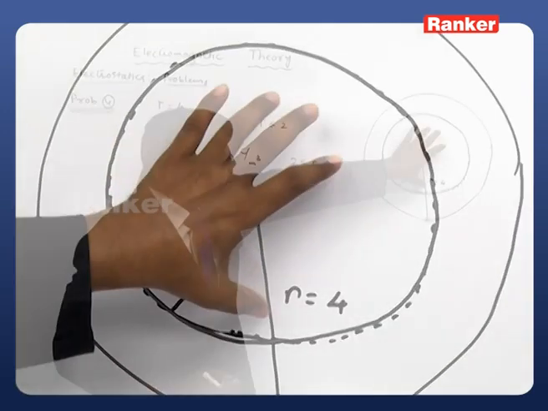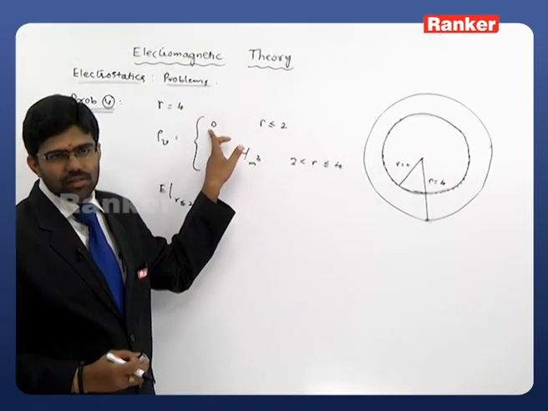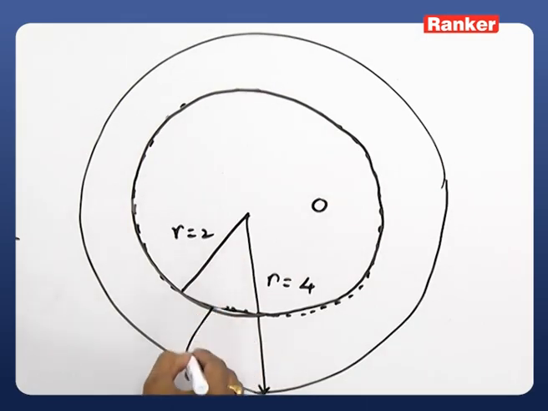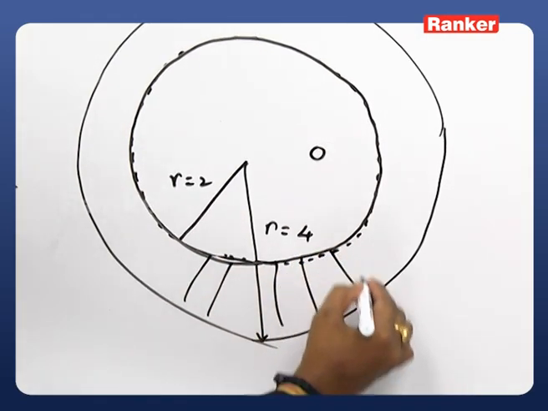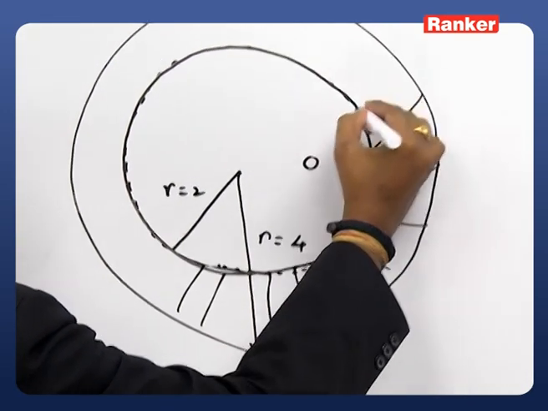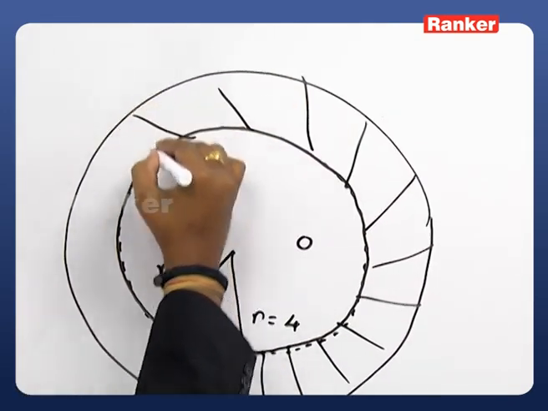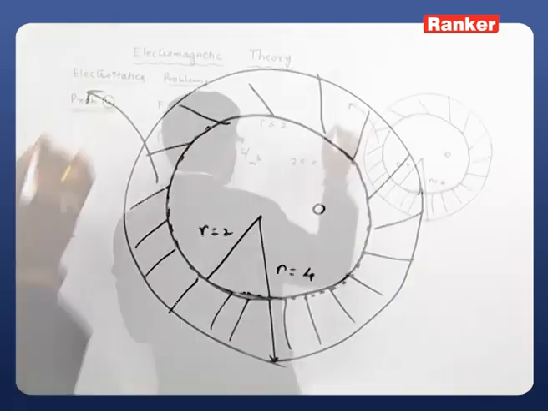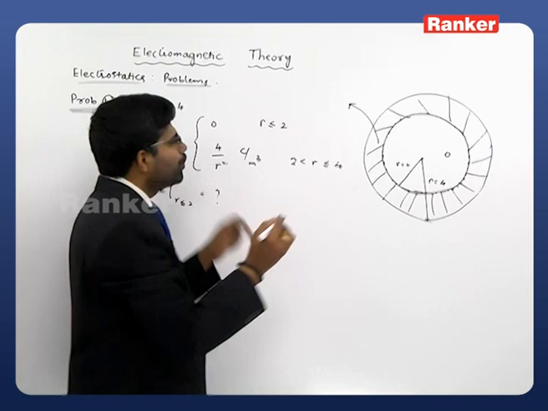In that inner sphere we have a zero charge region, a zero charge distribution, and in the space outside it, the volume charge density is defined with the expression 4 by r square coulomb per meter cube.